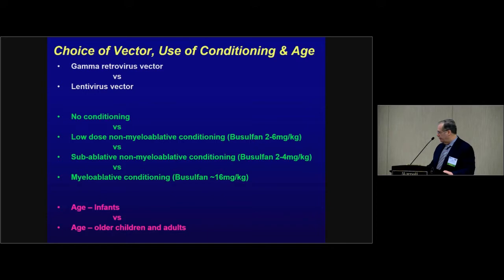What we should be thinking about today are three things. The kind of vector we use, no conditioning versus various kinds of conditioning. Although, as I put the talk together, I realized that I have something to say about age of the recipient as well when looking at the empiric outcomes of gene therapy.